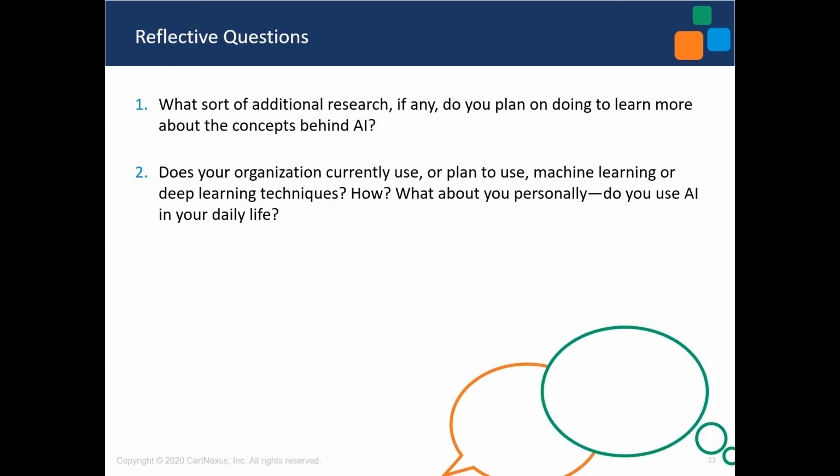But what I would say is, with AI, the concepts that we explored and discussed today are really the basic concepts. What really gets interesting about AI is its application or use. I hope the information you have learned today will help you expand your research.